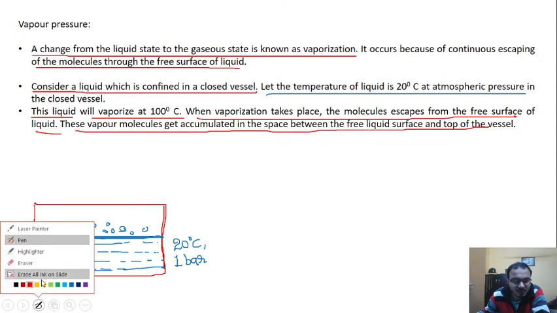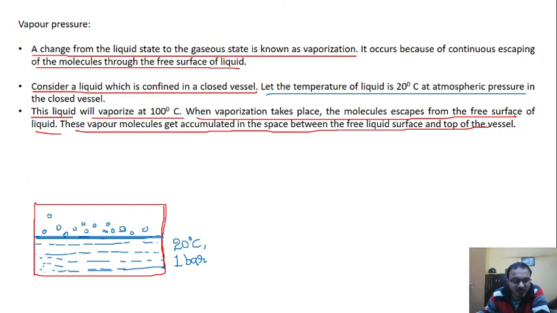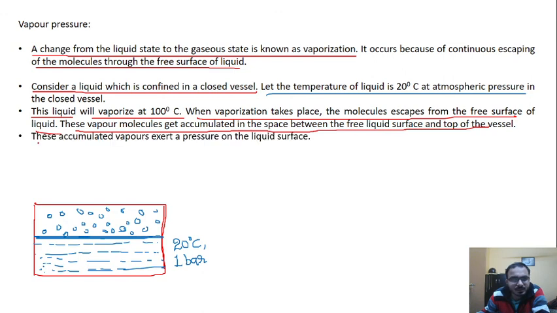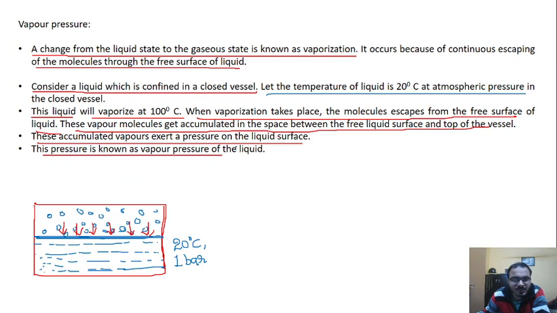All molecules will gather over here because the vessel is closed. This accumulated vapor exerts a pressure on the liquid surface, and this pressure exerted by vapor on the free surface of liquid is known as the vapor pressure of the liquid. That is the definition of vapor pressure.